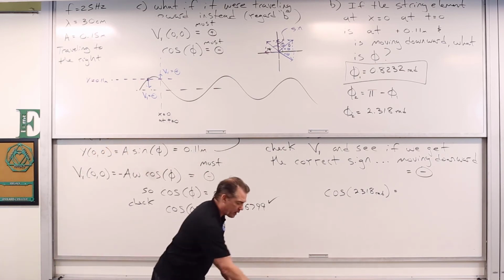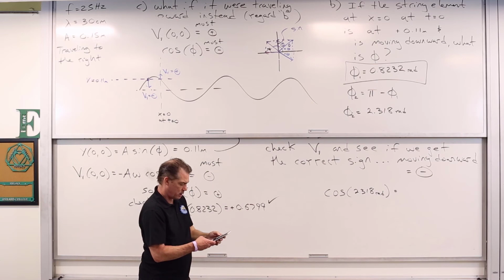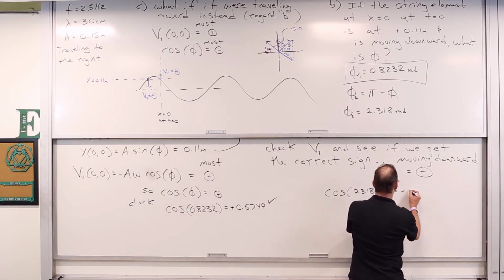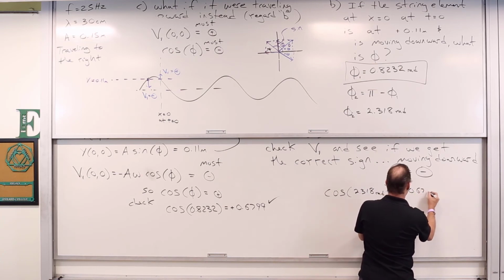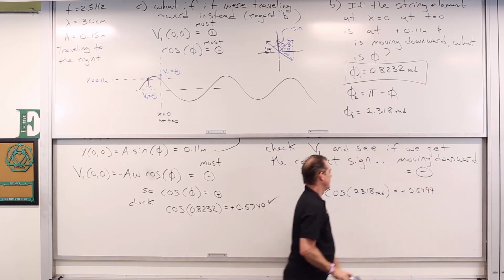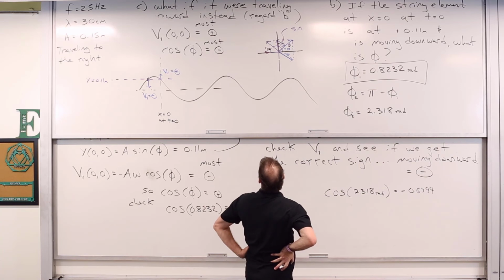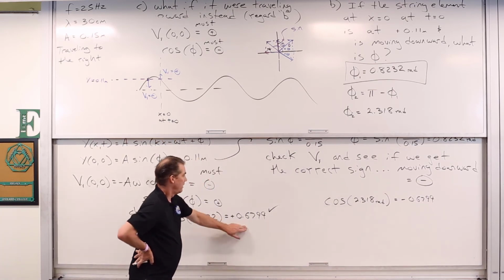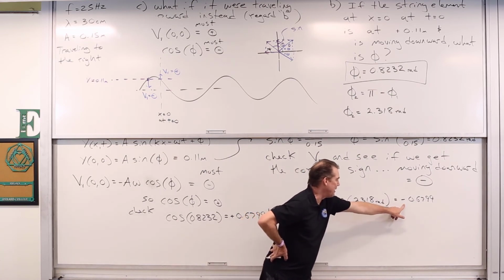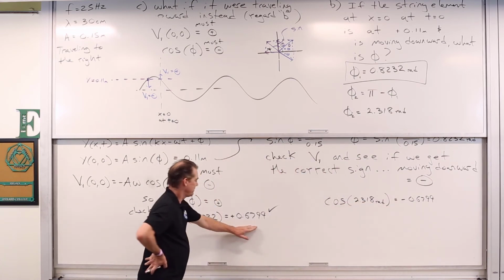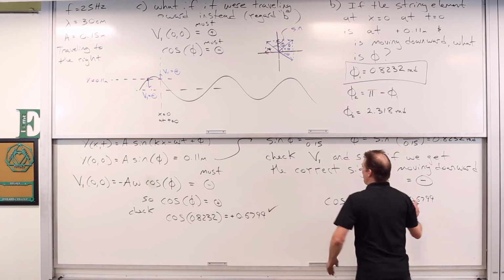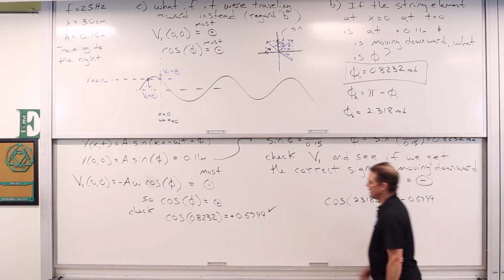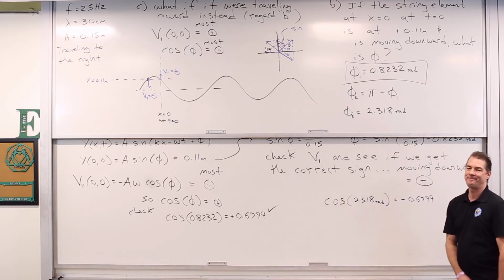So what is the cosine of this? Cosine of that gives us negative 0.6799. Well, that's the same quantity, but negative. Positive, negative. But both of the sine of this and this correlate with the same position.